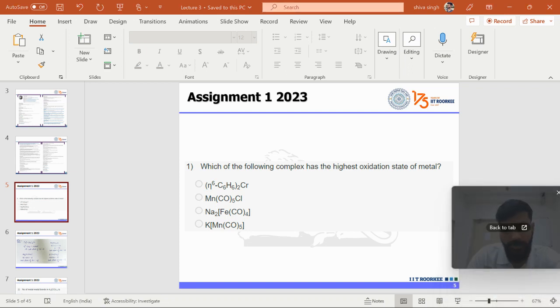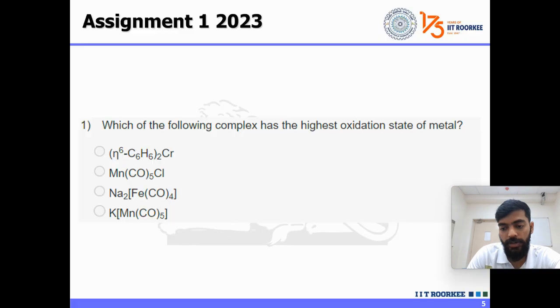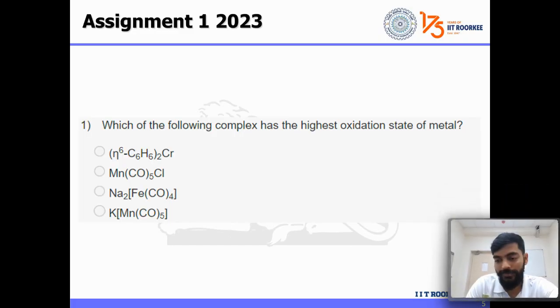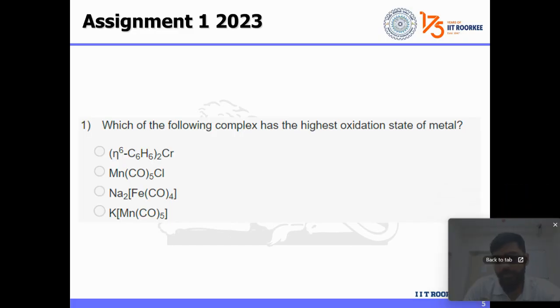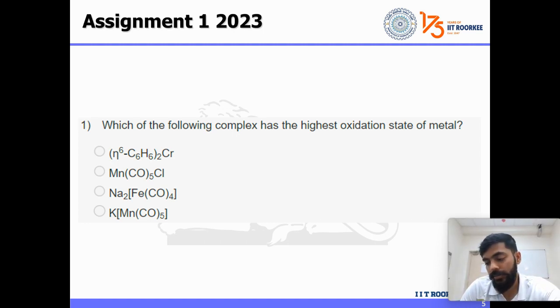Okay, we have got an answer. The answer is two. How come? What metal are you considering? It is iron. And how much oxidation state have you got for iron?